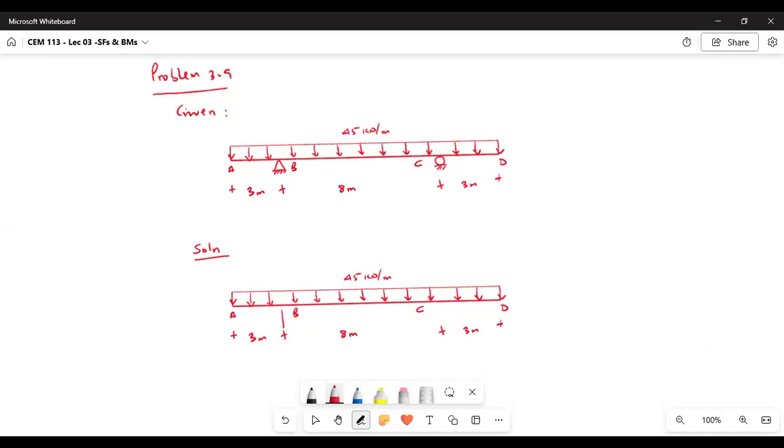So I have a vertical force here, and I also have a horizontal force. I have HB, and this is VB. I have a vertical force here, and this one is VC.